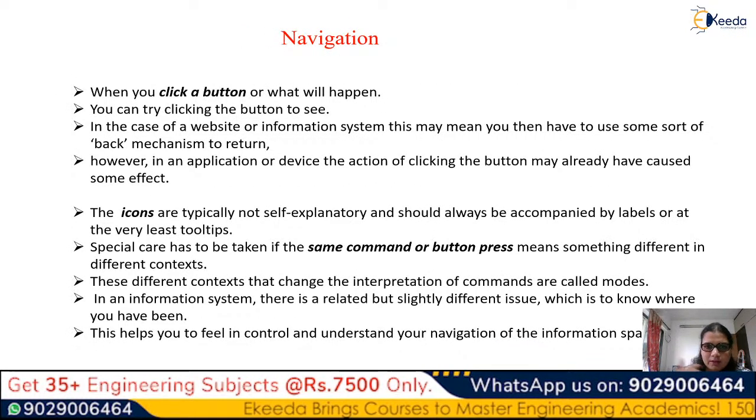Okay, again we are at the navigations, right? So these are some do's and don'ts that should be avoided while building, why you need to do it, why the user should understand, why the designer should understand, when the user plays an important role, and so on. So when you click a button, what will happen?